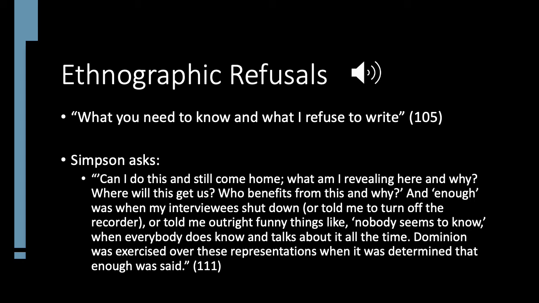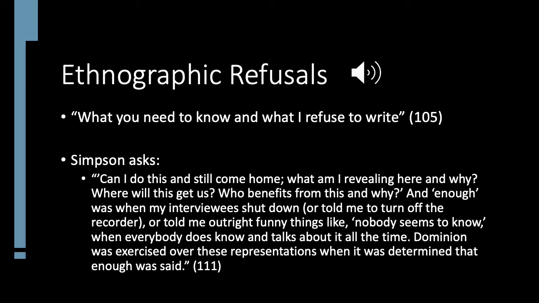It refers to the moments when her interviewees refused to talk any further about a subject. When they said, we can talk about it, but turn off the recorder. This is an act of sovereignty, right? Of enacting sovereign power over what gets written into the ethnographic record.